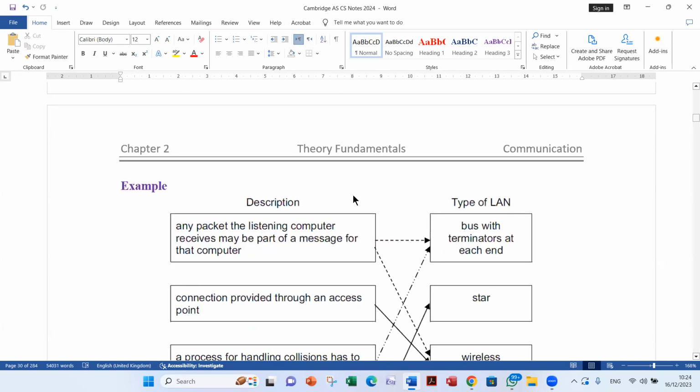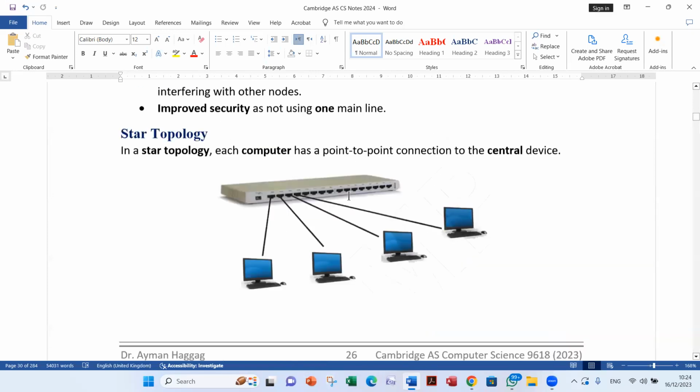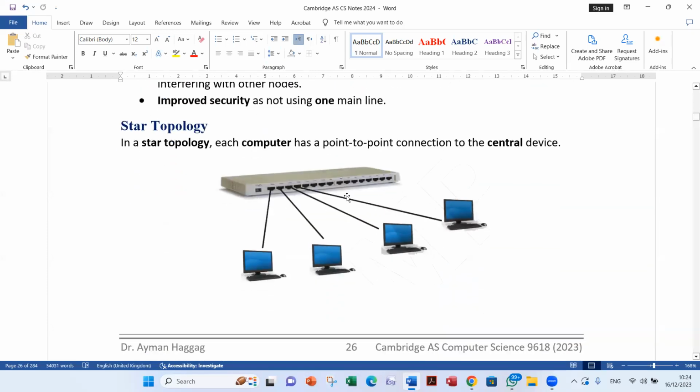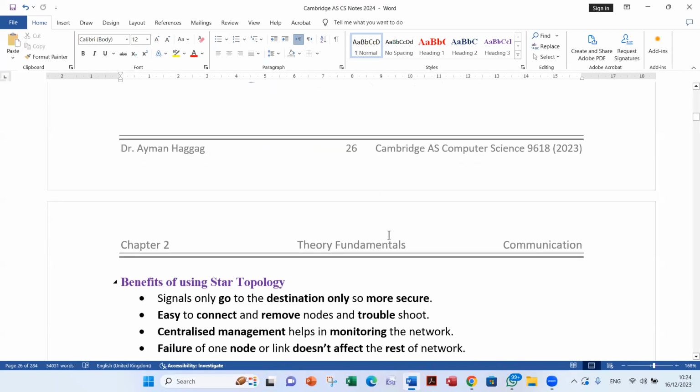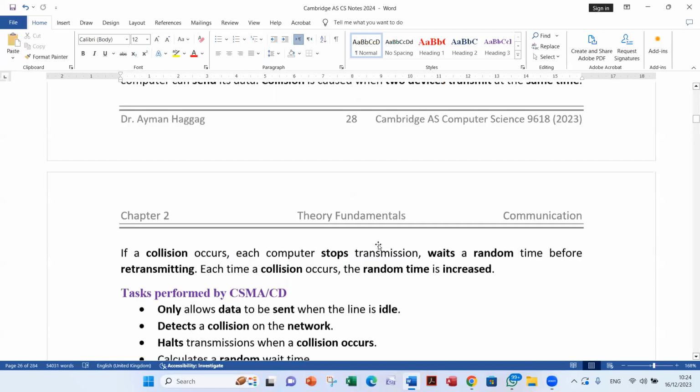So, for example, this is a star topology, and you have a switch, and every switch is connected to every computer on a single dedicated transmission line, cable. This cable will be called twisted pair.